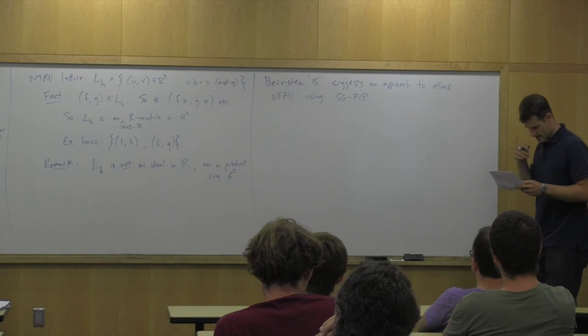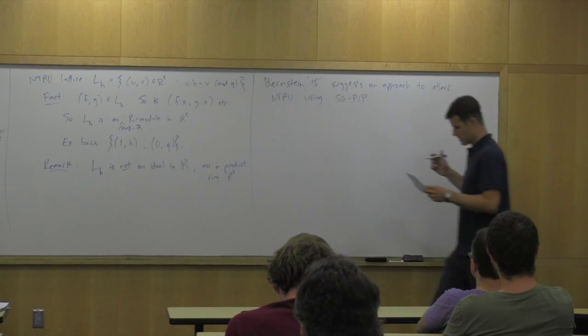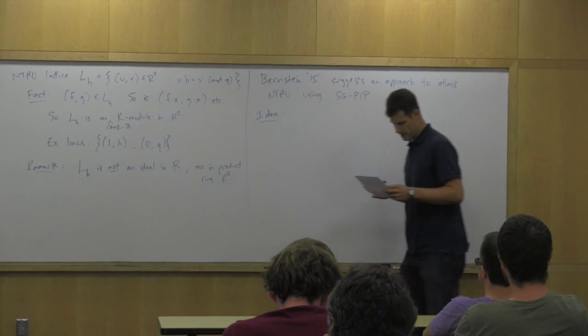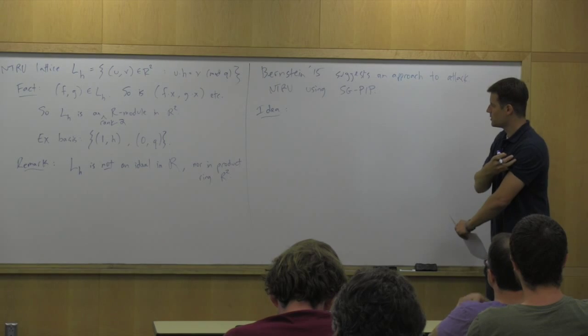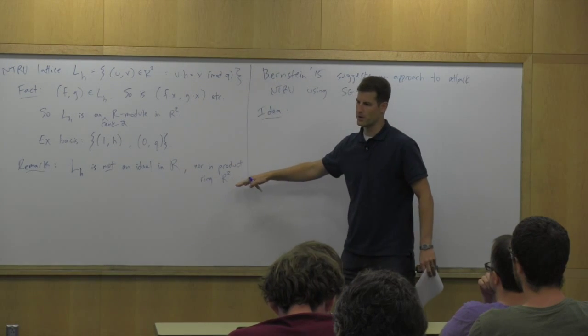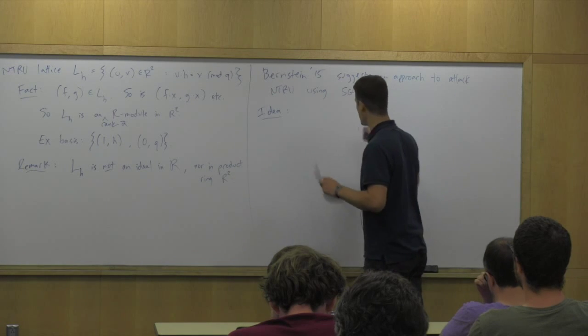Okay. And so let me give you the first high-level idea. The main idea, in a very small nutshell, is, as Henrik said, to put sort of a different ring structure on R squared, essentially.